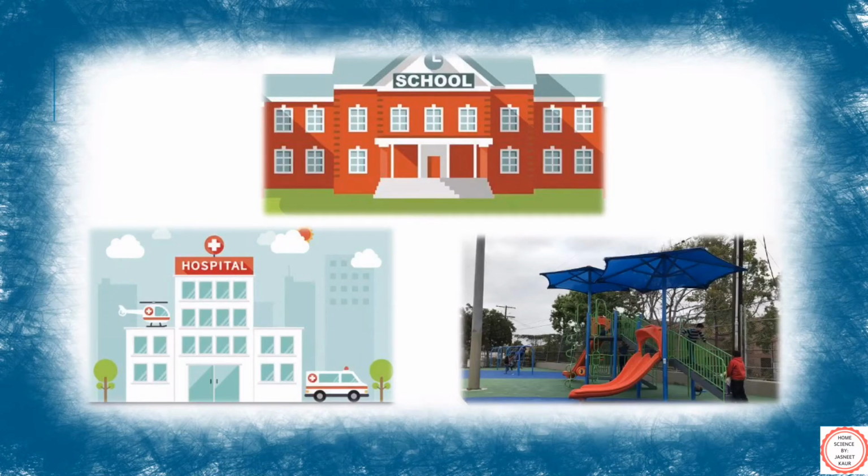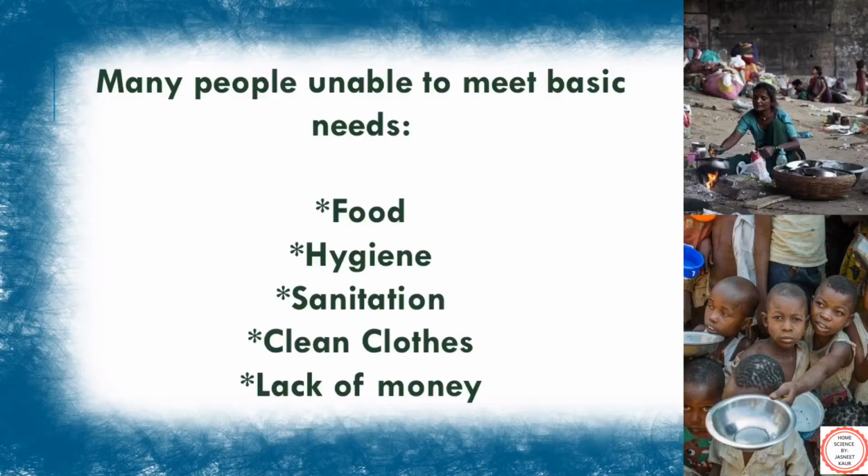If you look closely into this, you will realize that there are so many people who don't have the capacity to meet their basic needs. They don't have healthy food to eat, they live in poor and unhygienic conditions, cleanliness around them is not at all appropriate, they don't have clean clothes to wear, and they even have a very limited source of income.